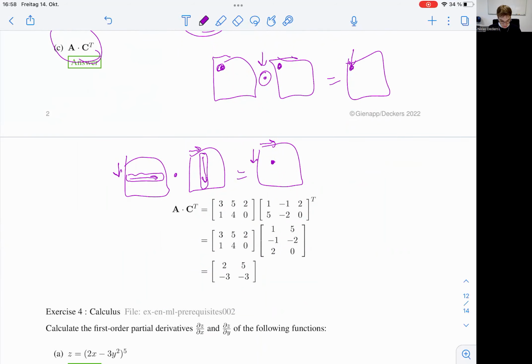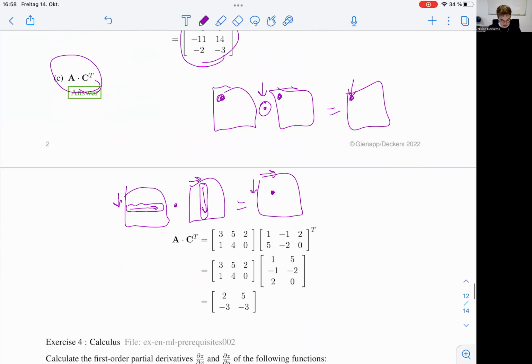Let's now see what we are doing here. Why is the task A multiplied with C transposed and not just A multiplied with C? Well, that wouldn't work actually because the shapes are incompatible. You need a different kind of compatible shape structure than you have for matrix addition.